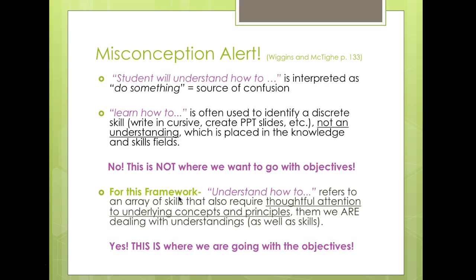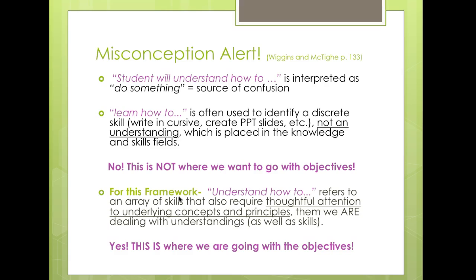One of the things that Wiggins and McTighe warn us about is how we perceive the directive to use the prompt, "The student will understand how to." Very often, teachers, student teachers, people developing curriculum have interpreted it as meaning to do something, which is not necessarily the case. It's actually a great source of confusion.